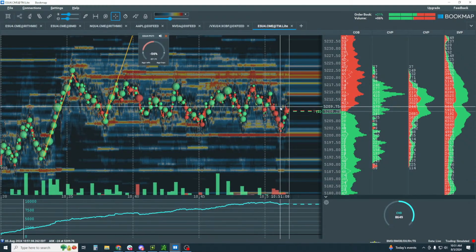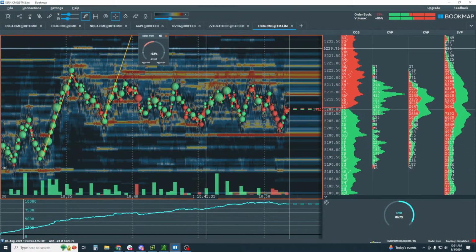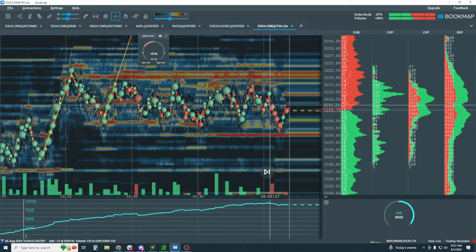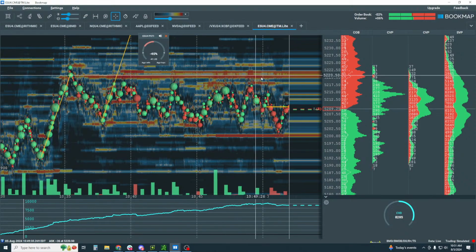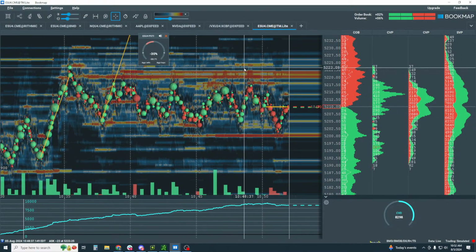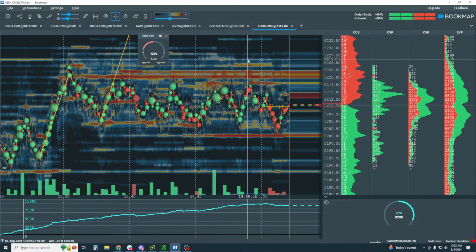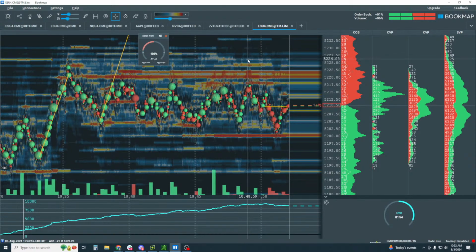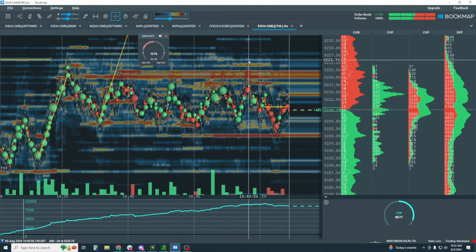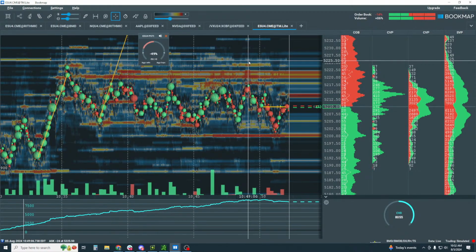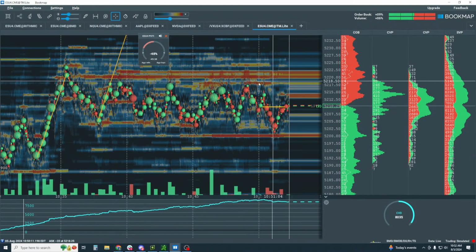Okay, so this is now a bit of a critical area right here at 09. Again, really careful in here, guys.